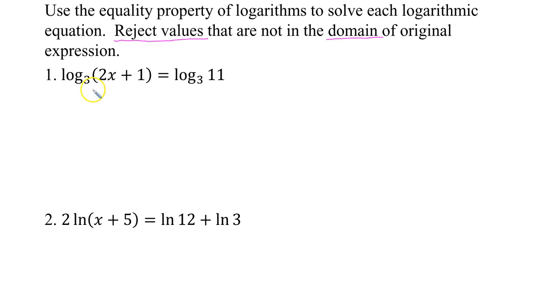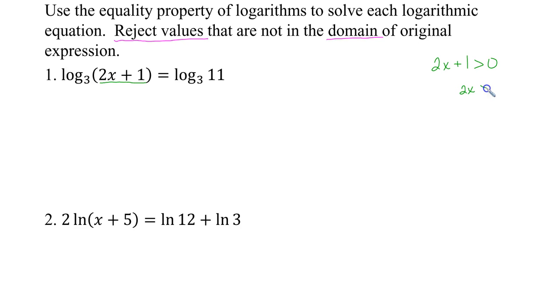In order to check the domain, we will take what's inside here, this 2x plus 1, and set it greater than 0. We remember from a previous section that what we take the logarithm of must be positive. So we'll take 2x plus 1 and solve this inequality.